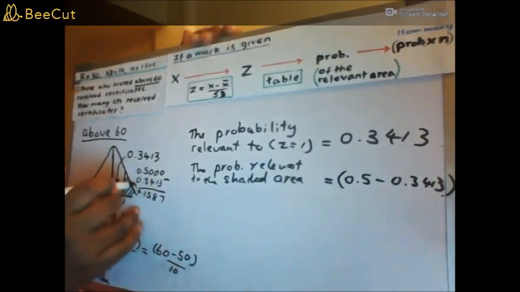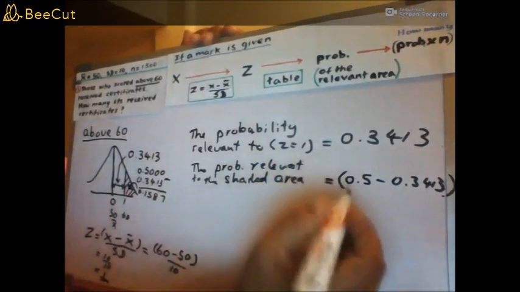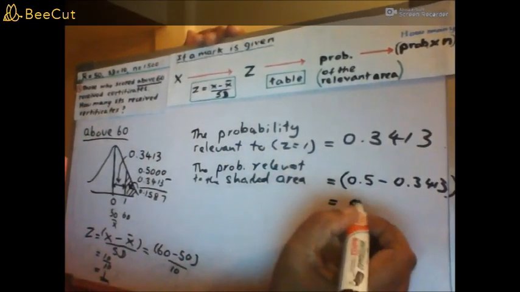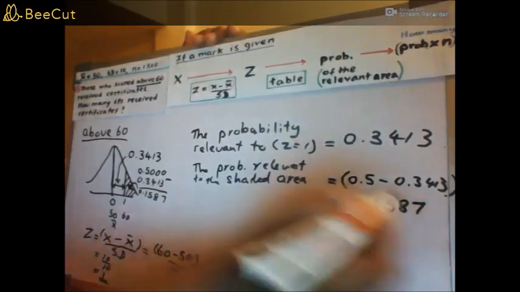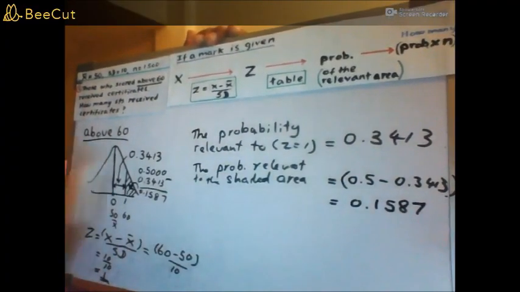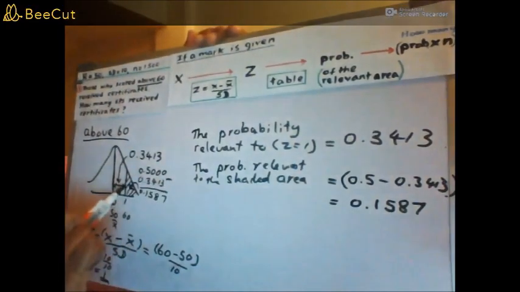So this is that problem. Okay. So the answer is 0.1587. Right. So we have found the probability of the relevant area, the shaded area.